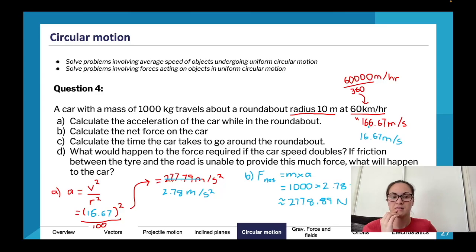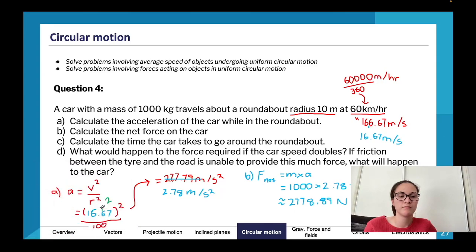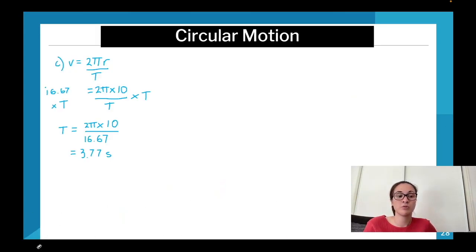I'm just realizing the car speed doubles. Okay, so say this is the speed, right? So this actually needs to double. Oh, okay, so we actually have to do a couple things. Sorry, I'm going to backtrack again. We're going to calculate acceleration again and then force again with that new speed, that doubled speed. And we're going to do it in green.